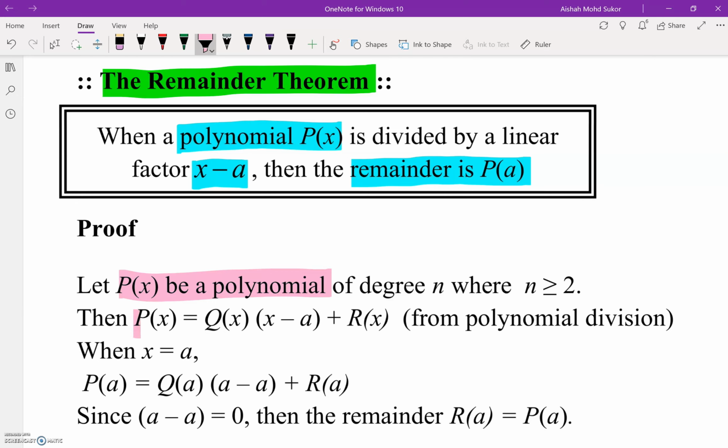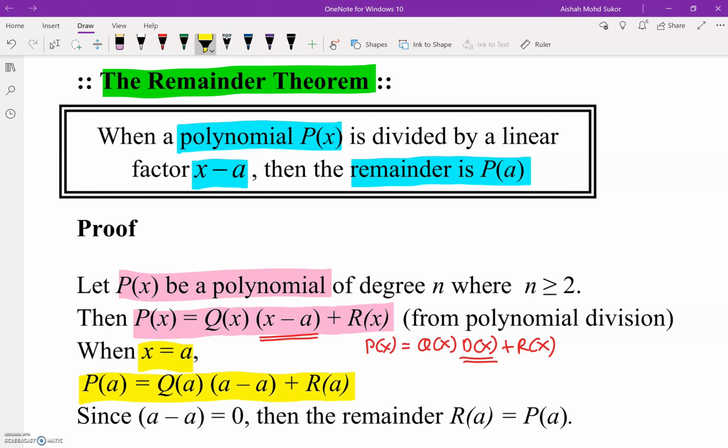Then p(x) is equal to q(x)(x minus a) plus r(x), where x minus a is the divisor. When x equals a, p(a) is equal to q(a)(a minus a) plus r(a). Since a minus a equals 0, then the remainder is p(a).